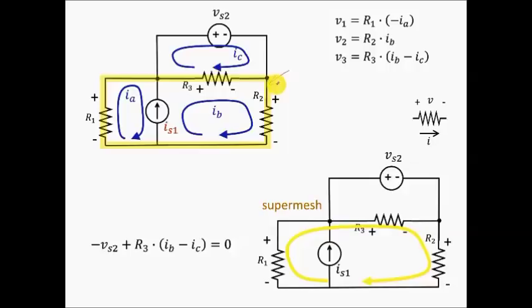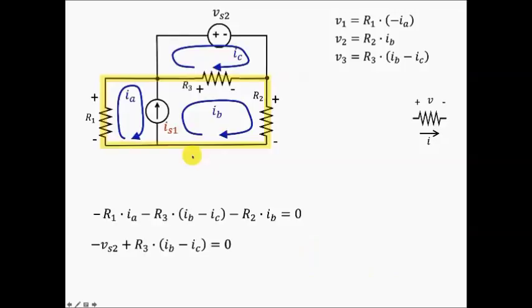I can actually do KVL over the super mesh, around here, by avoiding that current source. So I can write the new KVL equation around the super mesh.